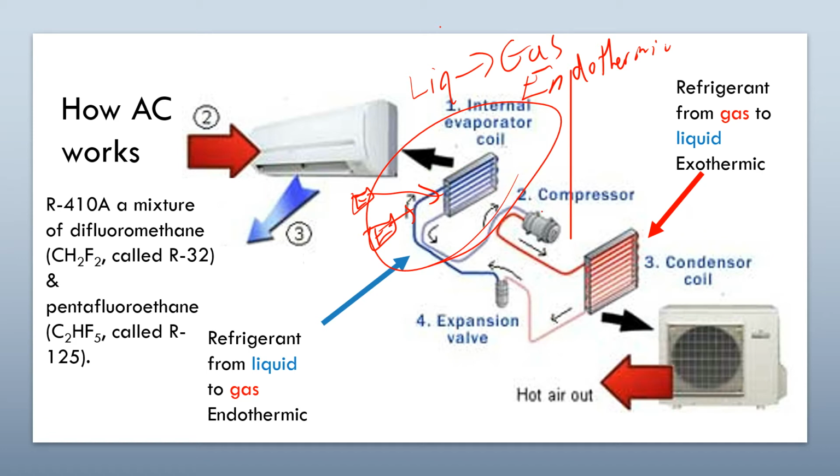And then they compress that back to a liquid, okay, in the compressor. And here a gas is going to become a liquid. And in the process of that, that's now exothermic. It releases heat. And outside your house by that fan, all the heat comes out. All that energy blocks start coming out at this point.